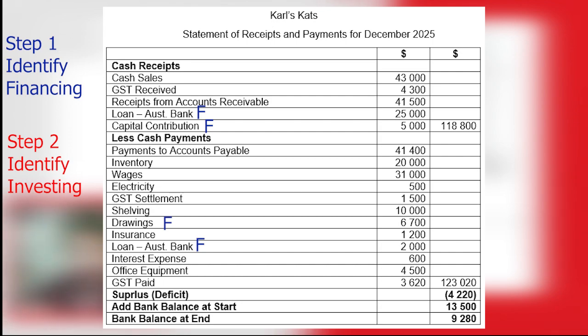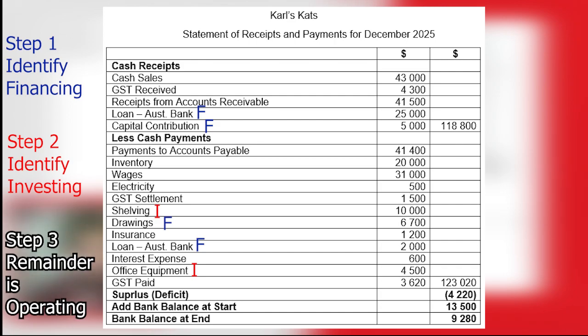So we put an I there, and then we go office equipment and we leave an I there as well. Suddenly, what we've got left over must be operating, because it's either financing, investing, or operating. But if we've done financing and we've done investing, the leftover is operating. That is just a little skill there. And that's a cheap little trick.